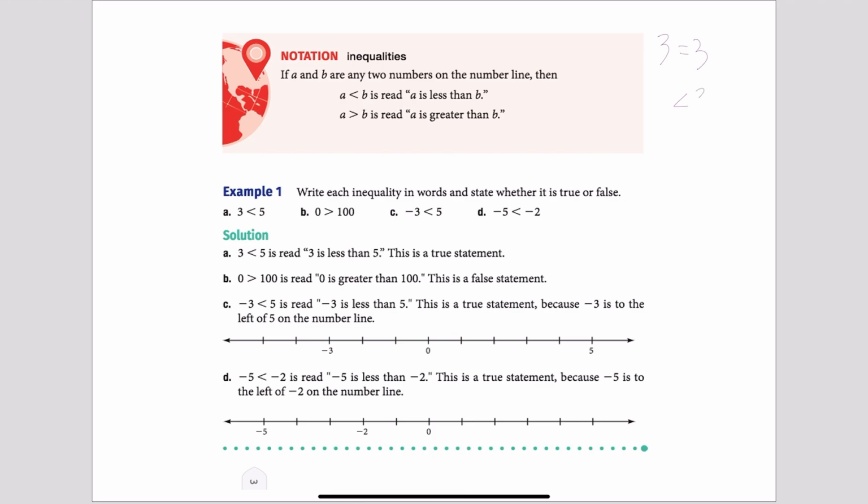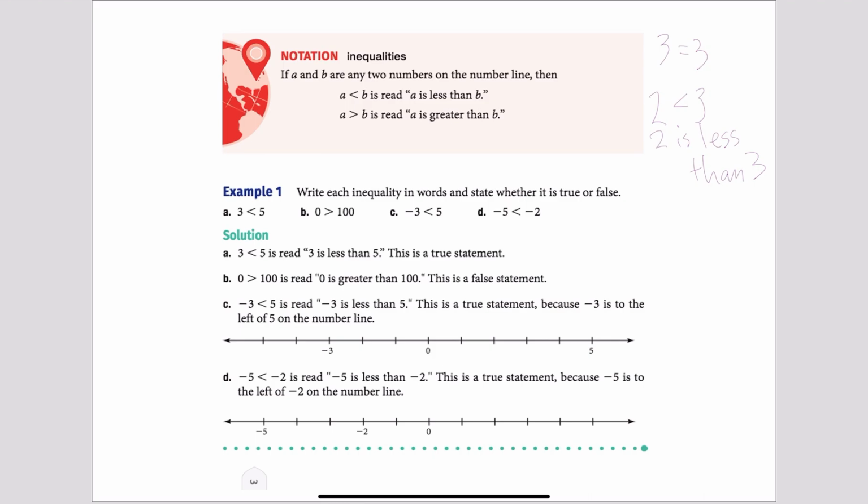So let's say if this is 3 on this side, this could be 2 on that side. So the way we read this one is 2 is less than 3, which makes sense. 2 is less than 3, right?